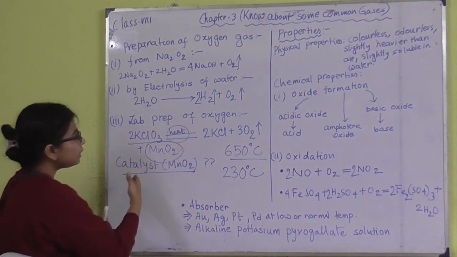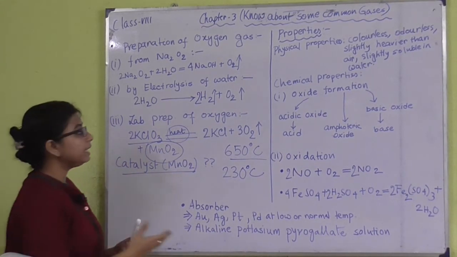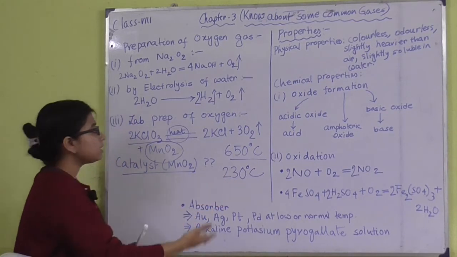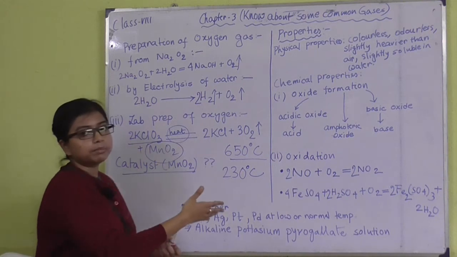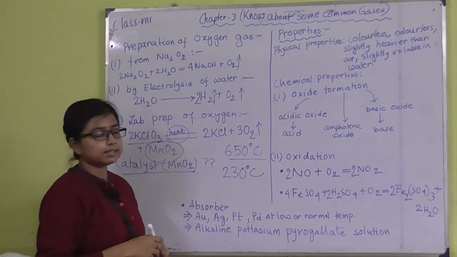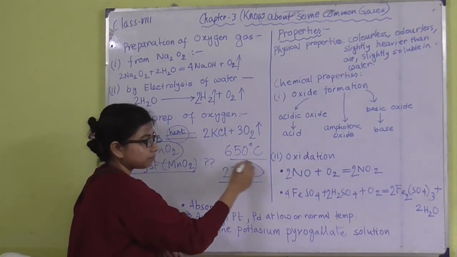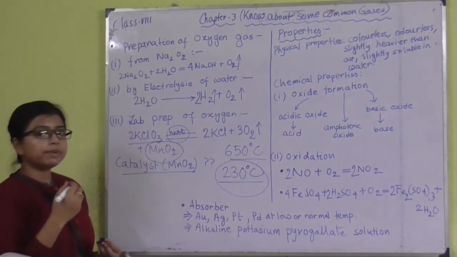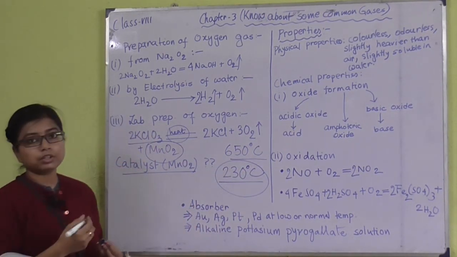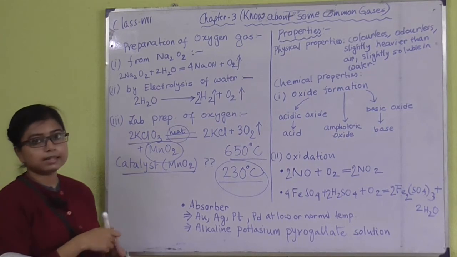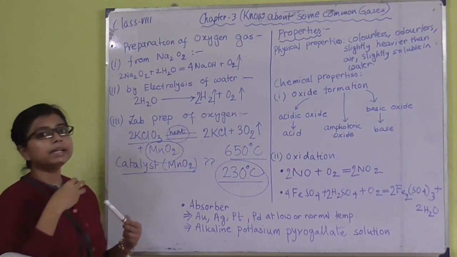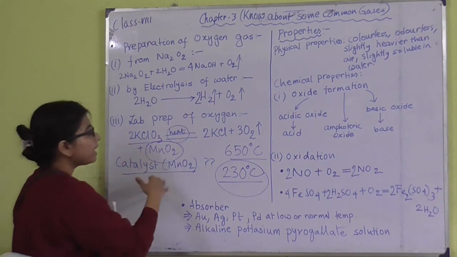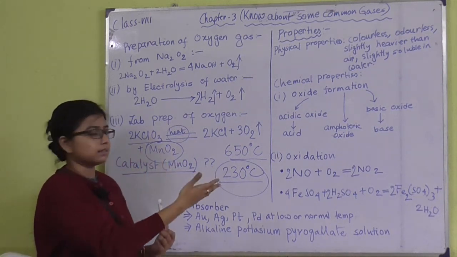So, if we use only potassium chlorate, we need 650 degrees Celsius temperature. If we add some manganese dioxide with it, we can complete the process at 230 degrees Celsius temperature. So, this is the better one. Always when we use potassium chlorate to generate oxygen gas, we add a little bit MnO2. Now, what happens to this compound at last?